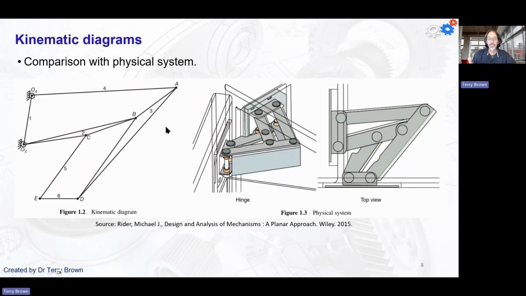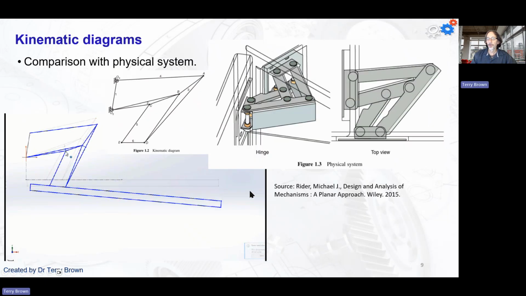When we're designing mechanisms, typically we'll start with what we call a kinematic diagram, which is just lines and points. It's similar to a circuit diagram when you're designing an electric circuit, or also similar to the free body diagram that we did previously in engineering mechanics.